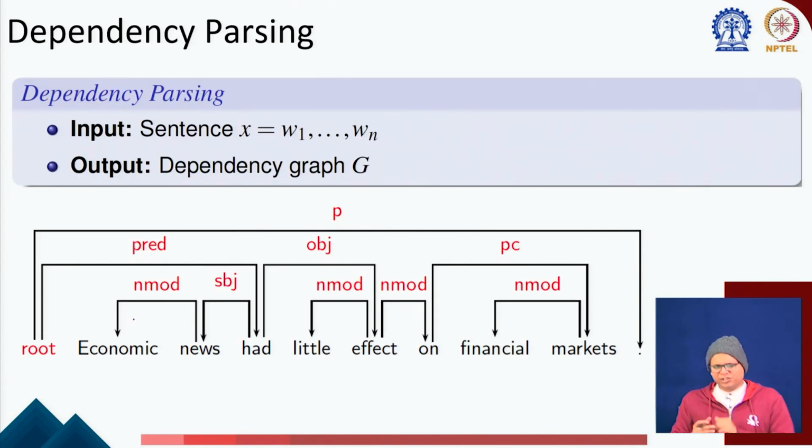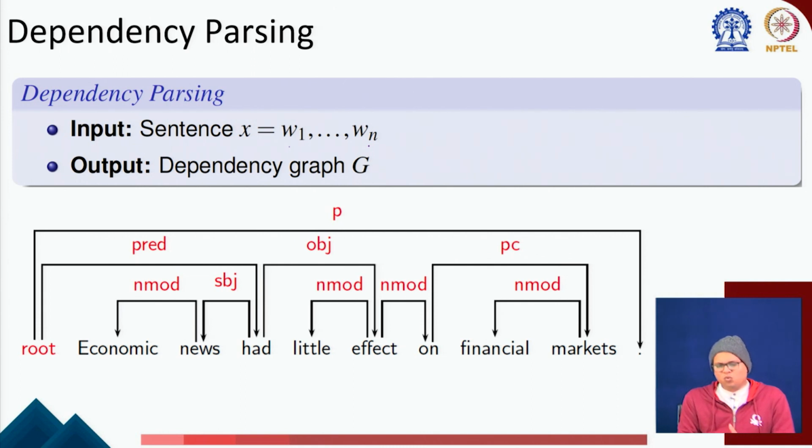Briefly about structured prediction. Here's an example, dependency parsing. You are given a sentence, and you find out how the words are connected to each other through grammatical relations. This is very similar to the Karaka relations that we read in our textbooks. So for example, you have a sentence which has words W1 to Wn.